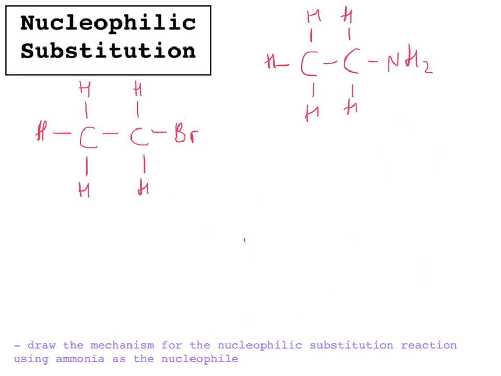Now, one major problem with this reaction in industry is that the product here and the original reactant here can react again to make further products, and that's because this nitrogen atom here, because it's making 3 bonds, still has a lone pair which can react again.